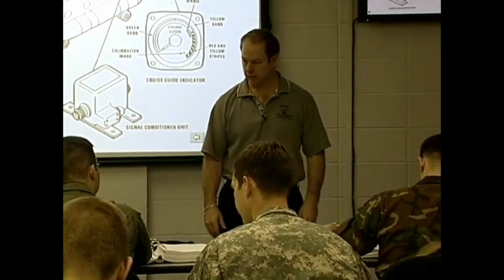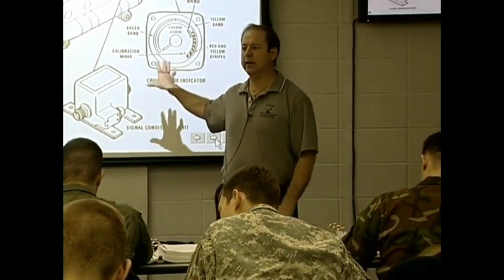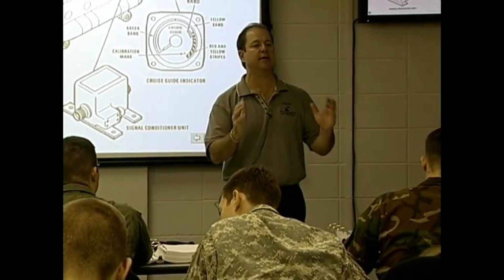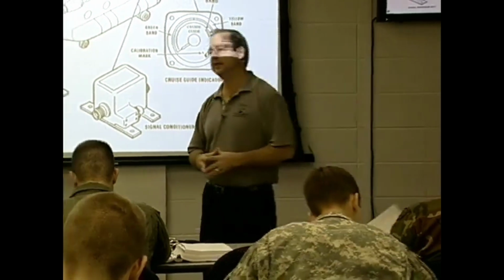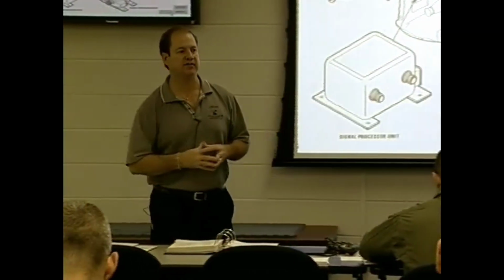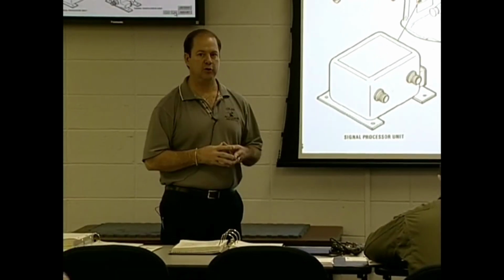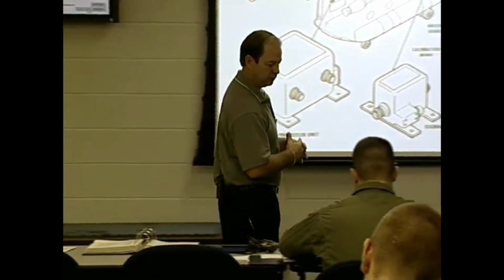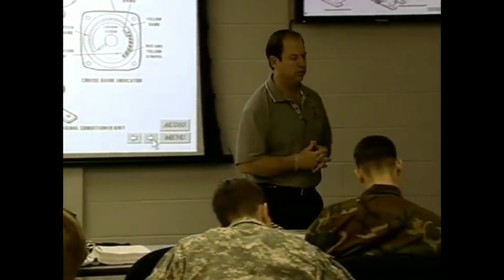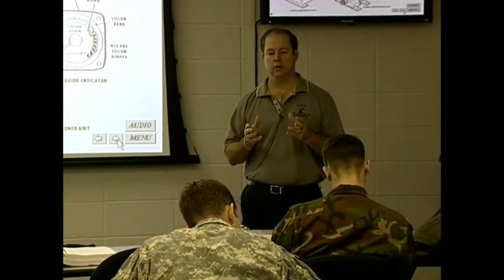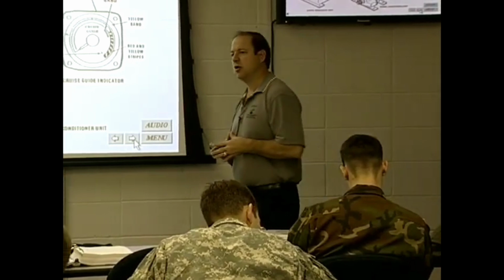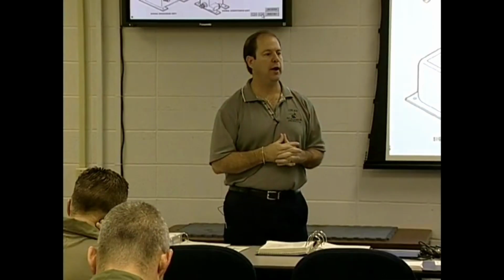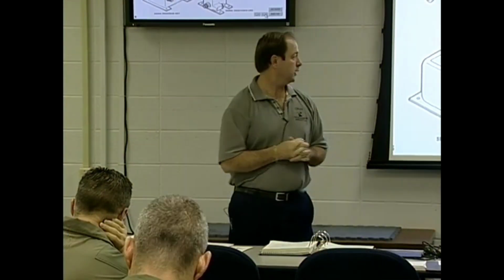Now, in using the chart, it gets a little bit confusing, because you're going to determine your airspeed limit based on a structural limit or a blade compressibility limit. The process for using the chart is identical in both situations, both with a load and without a load. It's going to be based on FAT, pressure altitude, and the gross weight of the aircraft. Those are always going to factor in.